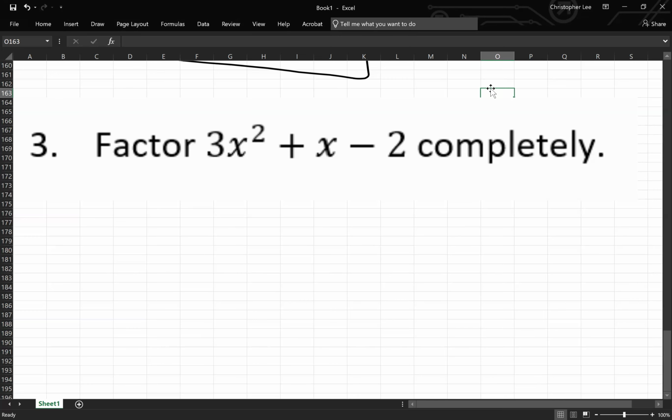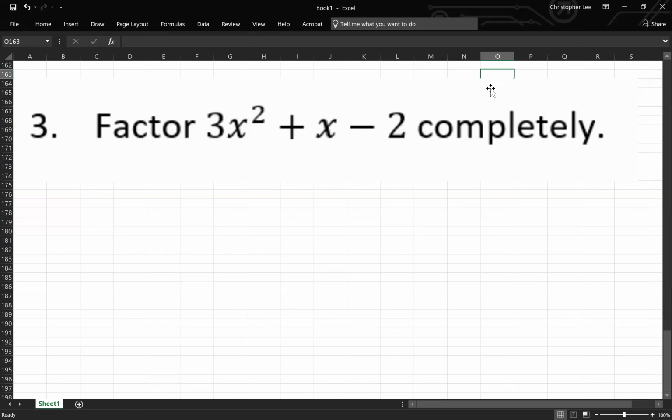Or, remember in the class, we learned how to find the roots. We learned how to find the answers for this whenever we set it equal to 0, right? Find the answer and then flip it back into the factors, right? So we've got two ways to do it. So let's do it both ways so we can see the difference.